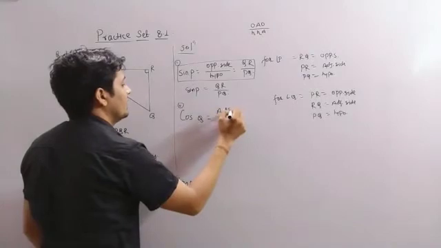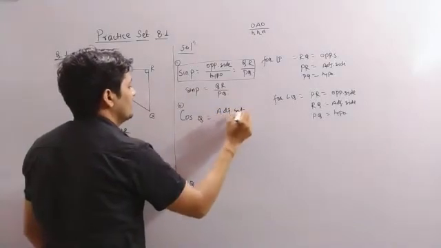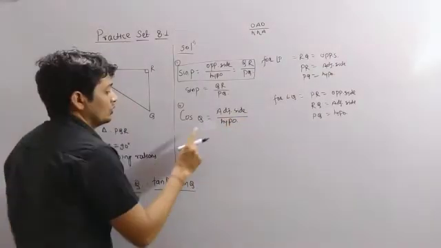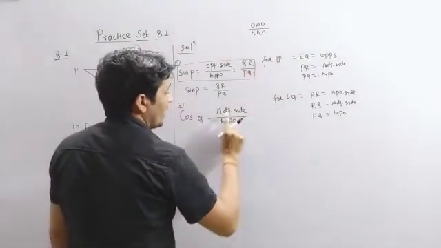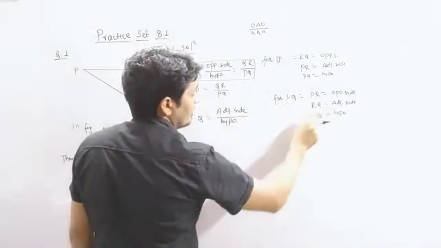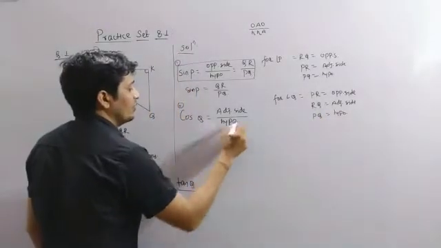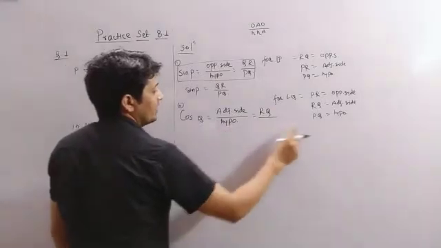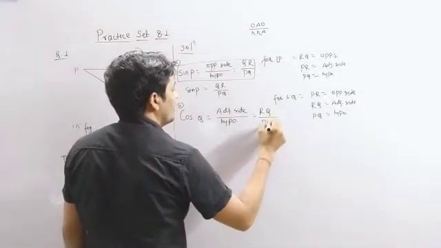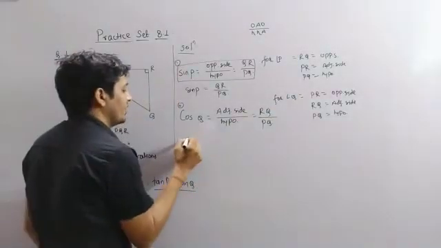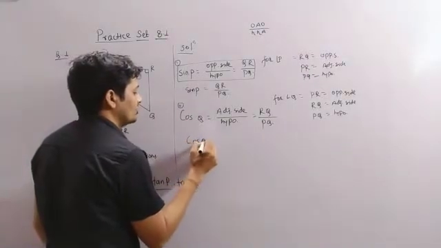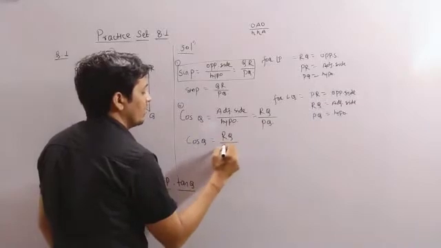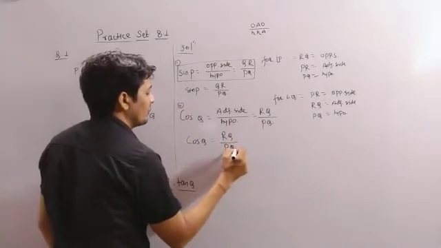For Q, the adjacent side is RQ, and the hypotenuse is PQ. So we can write cos Q equals RQ divided by PQ.